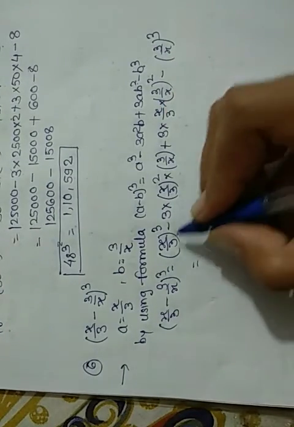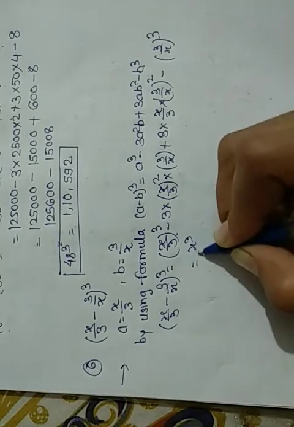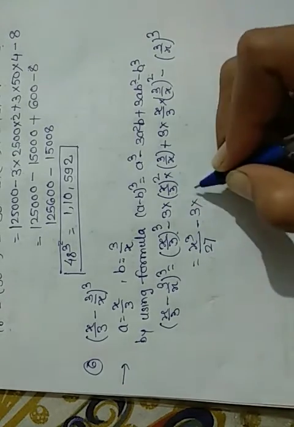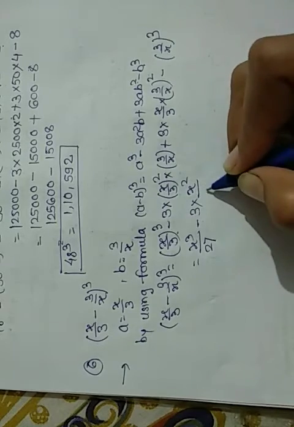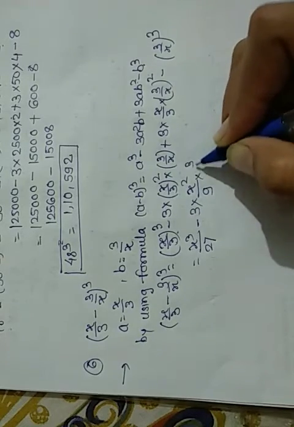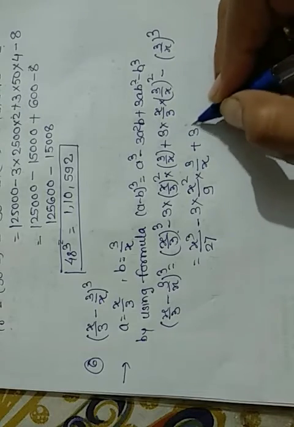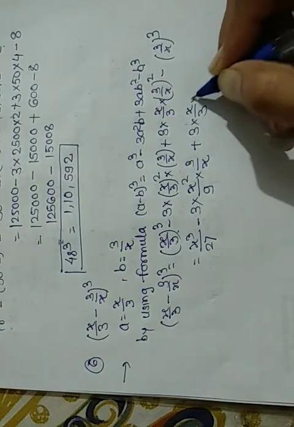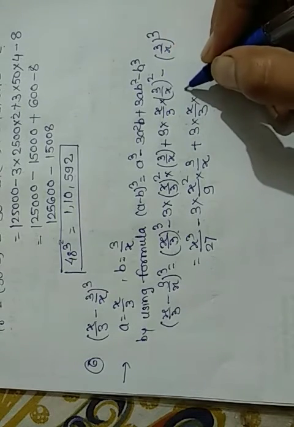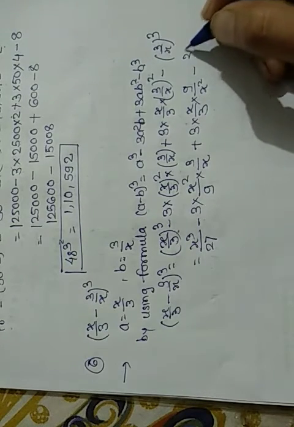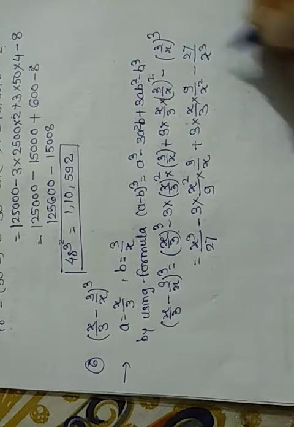Let's cube all the numbers. See here, x cube upon cube of 3 is 27, minus 3 into the square, this x square upon 9, into 3 upon x, plus here 3 into x upon 3 into square of 3 is 9 upon x square, minus cube of 3 is 27 upon x cube.